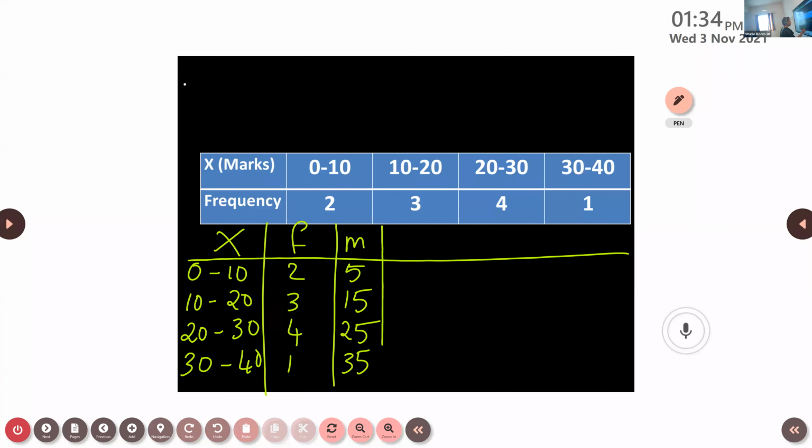Now what is the next one? First now what you should do? You know? Next column. What should be the next column? FM. Okay. That means F into M. Now calculate that.